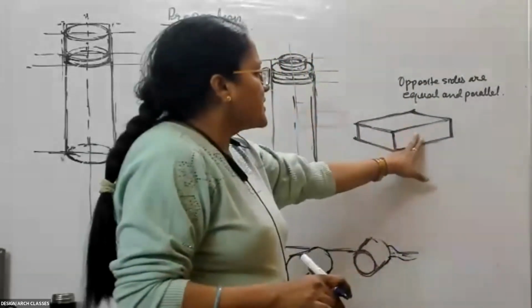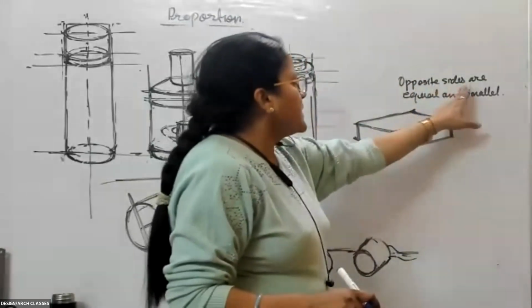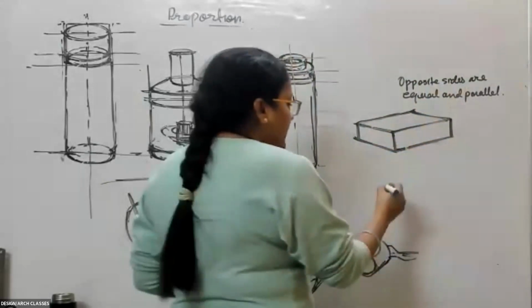All right. So here, just make sure I made a cuboid. So in this cuboid opposite sides are equal and parallel. See what am I doing now?